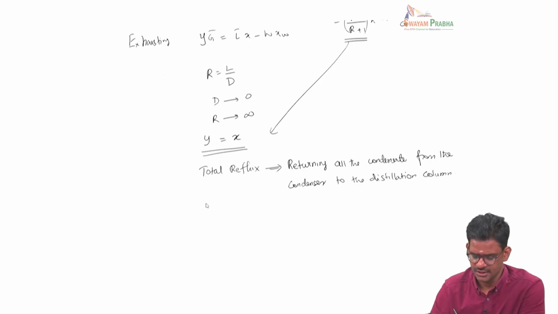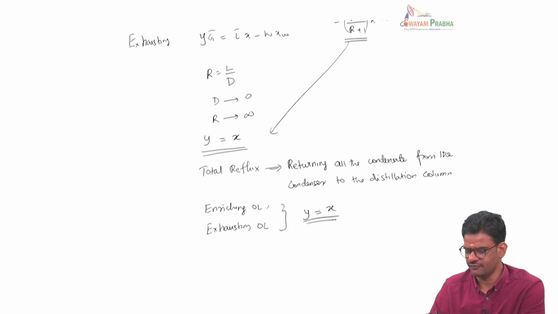Under this condition, the enriching operating line, as well as the exhausting operating line, they both coincide with the 45-degree line.